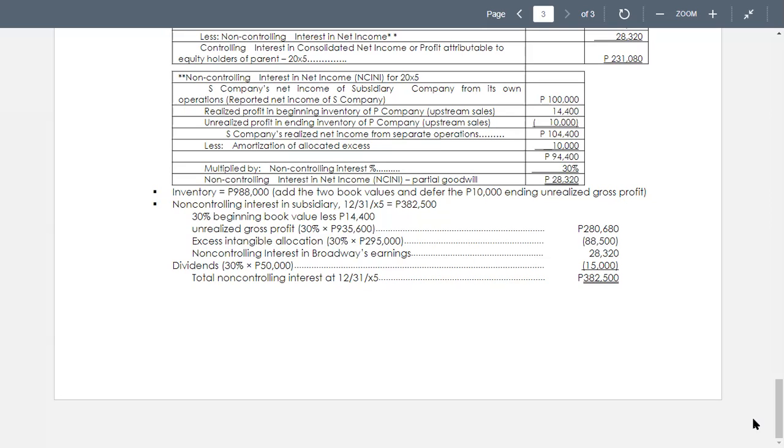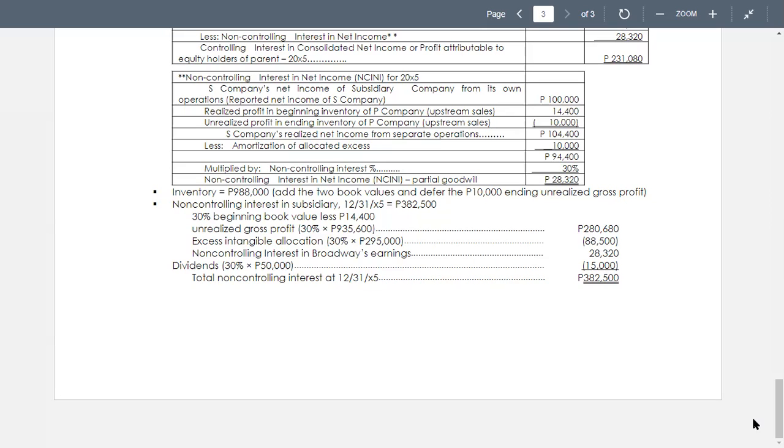While under the equity method, now what is the amount of investment income? The answer to number 15, actually, we got two amounts, under the cost method and under the equity method.